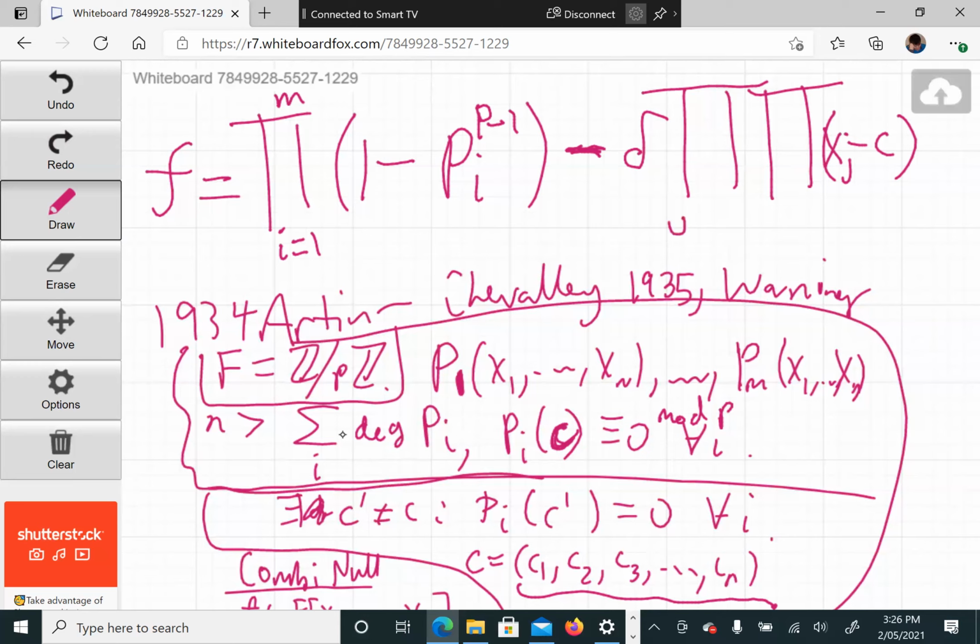Wait, what's C? C is like a set, right? I think there's a different notation here. Let's not call this C. Let's just call that straight up this.